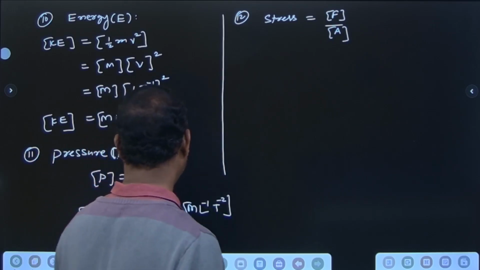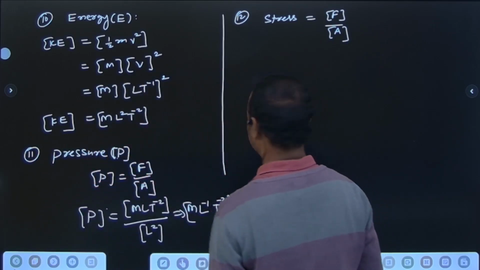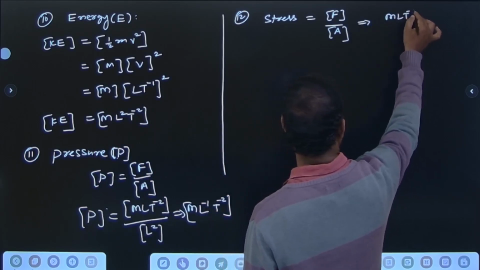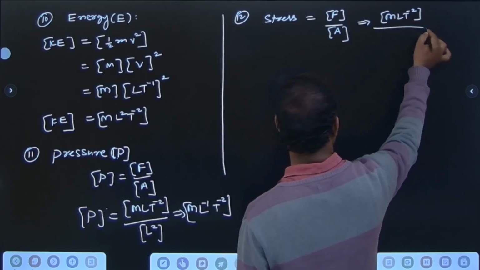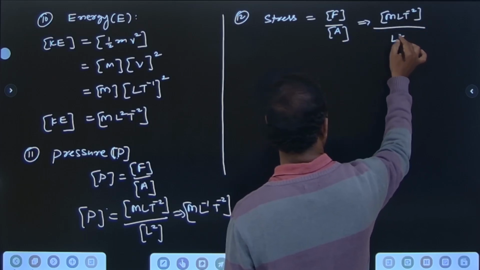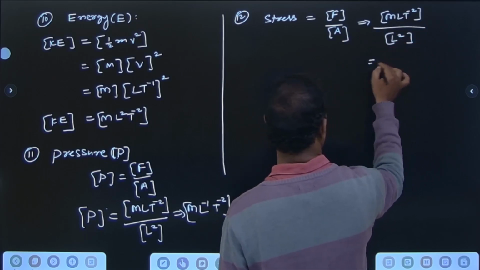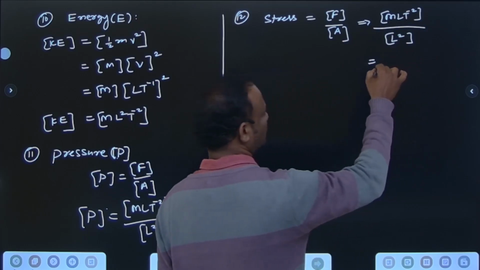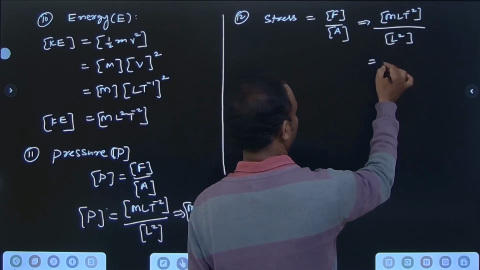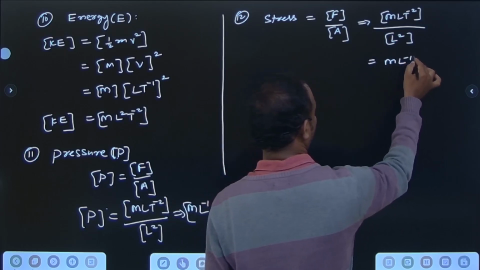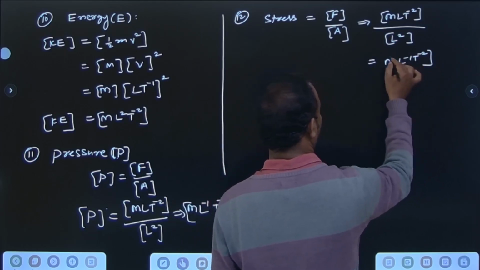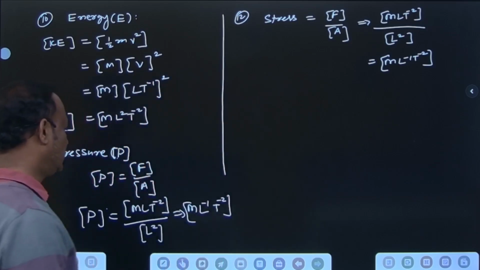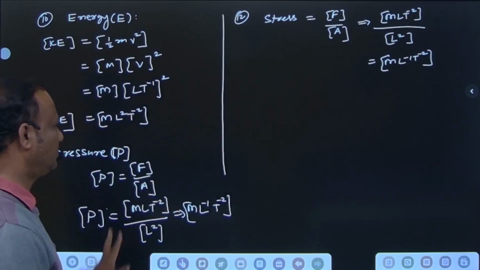The force is M L T to the power of minus 2, and area is L square, which moves up and becomes L power minus 2. Minus 2 plus 1 is minus 1. So ML minus 1 T minus 2 is the dimensional formula of stress, same as pressure.